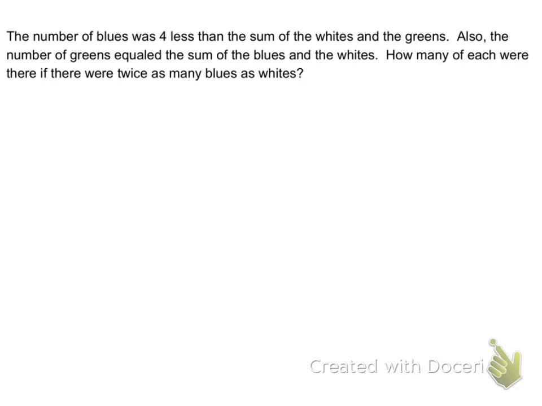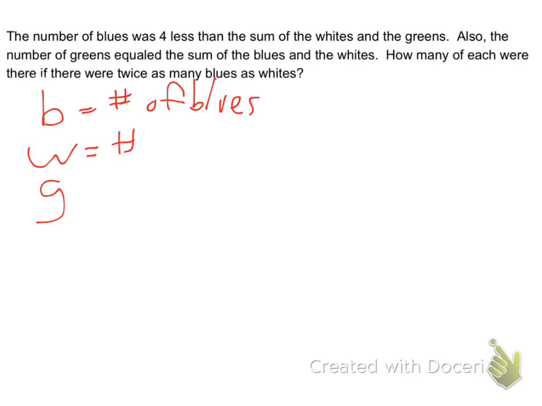So it's an equal sign. So what we're going to do, guys, is use B, W, and G. B will stand for the number of blues, W equals the number of whites, G equals the number of greens.